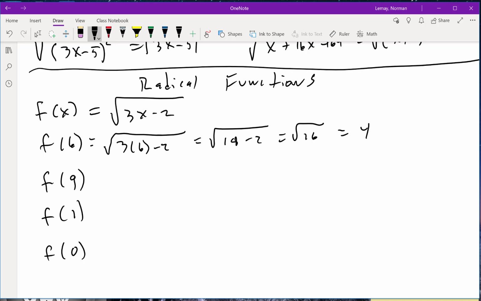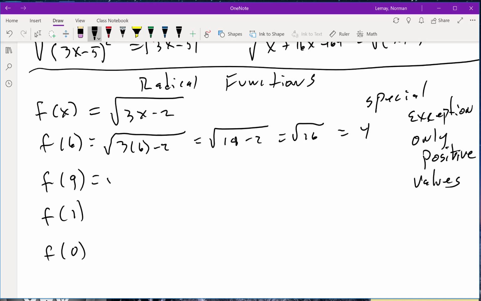We don't go plus or minus 4. So this is the special exception: only positive values.